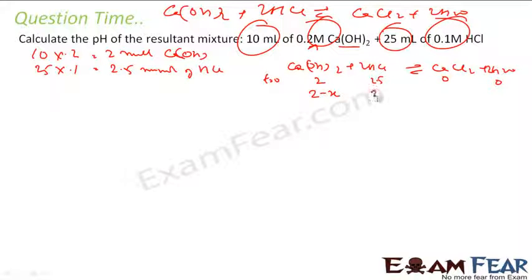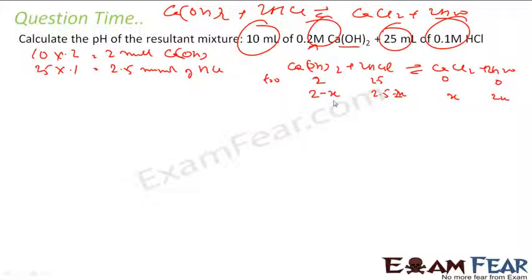So HCl will take 2X, correct? Because this is 1, this is 2, the stoichiometric coefficients, and this will form X, this will form 2X. Now, what if X is equal to 1.25? Then the whole of the HCl is gone, right?